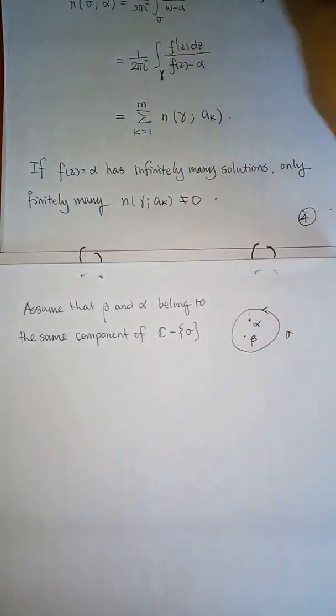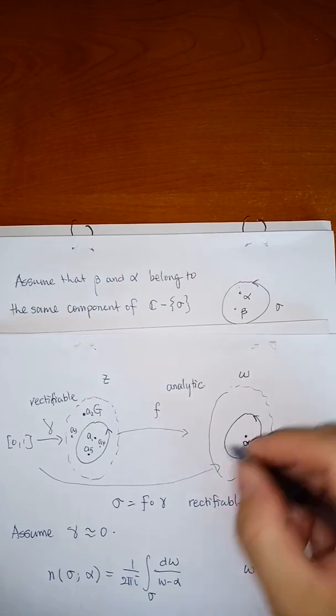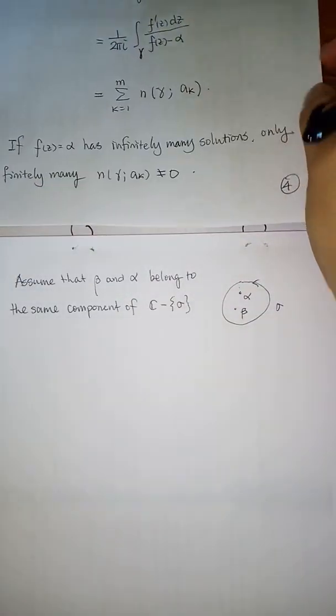It's here. This is sigma. From here to here is sigma. Here is alpha. Okay, this is the sigma part.